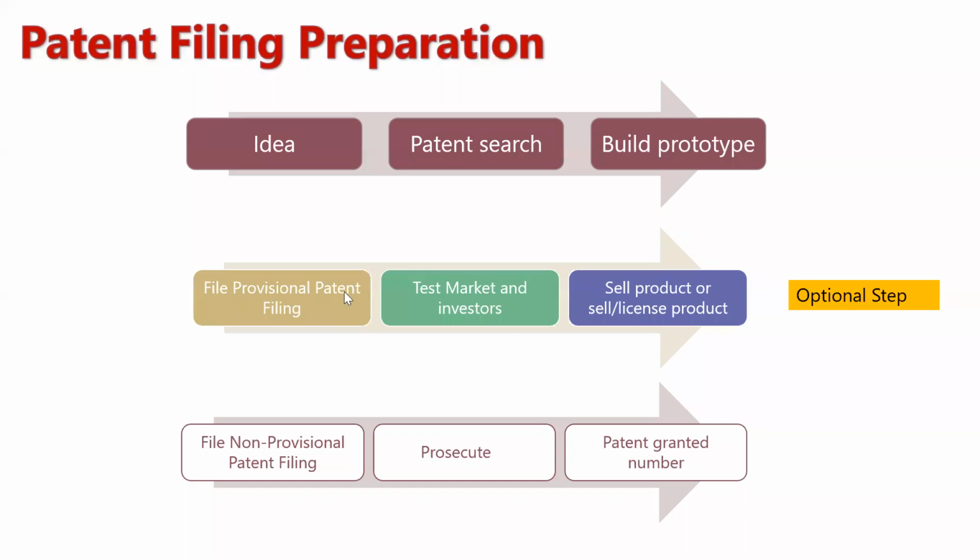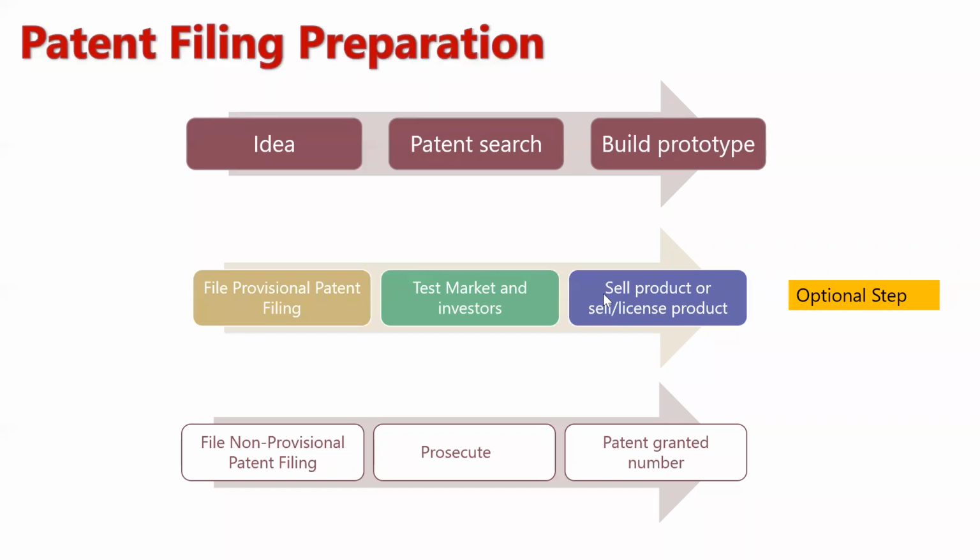This provisional patent allows us to complete all these steps within 12 months. Once the person files the provisional patent, they can float their product for testing in the market and approach investors. Once it is confirmed, they can sell the product.